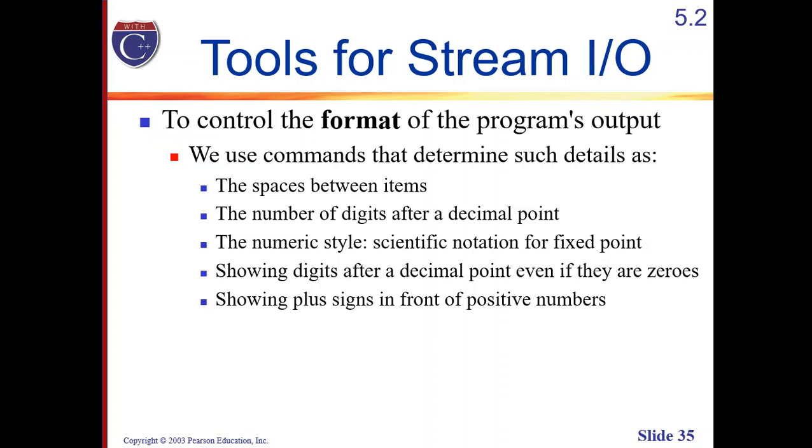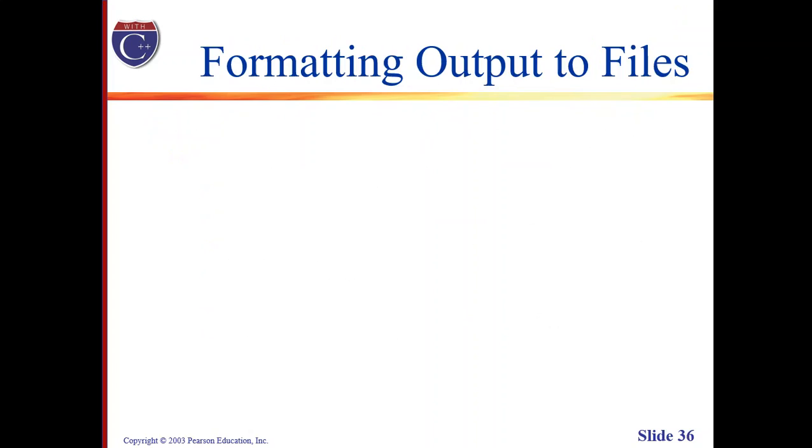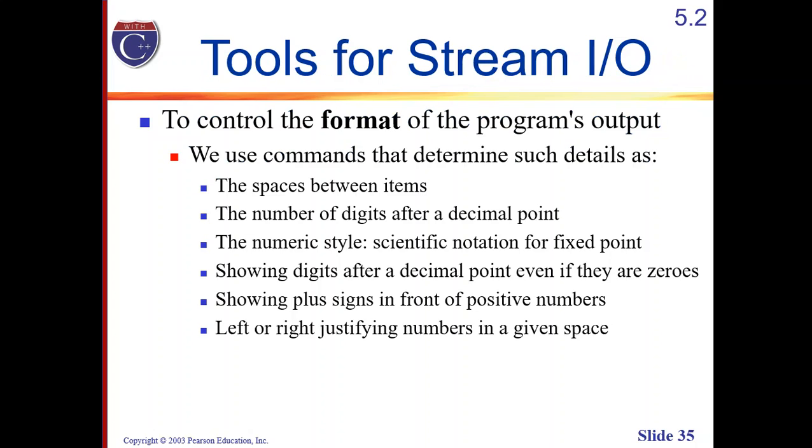We can also show plus signs in front of positive numbers, or even left or right justification of numbers in a given space. So those are some of the things that we can do in order for us to format the output of our program, which is of course to make them more appealing or more readable for its users.